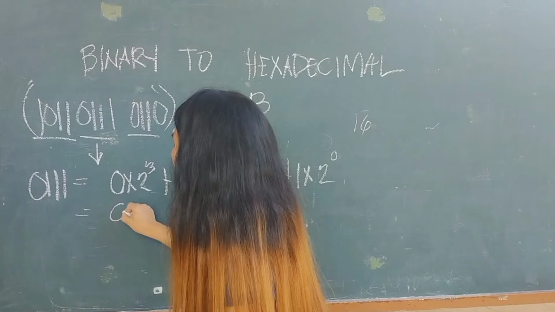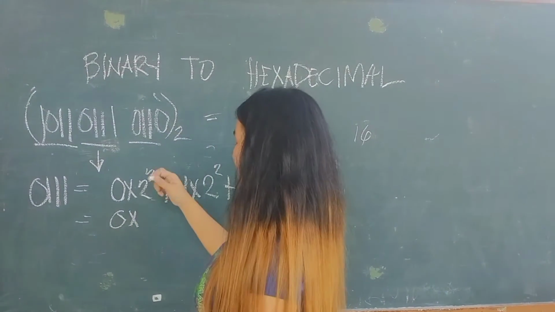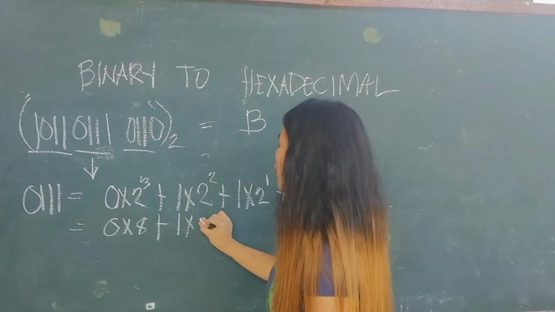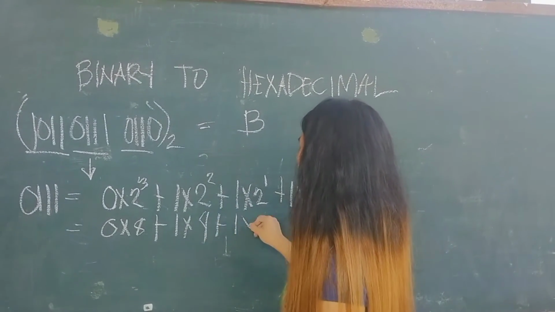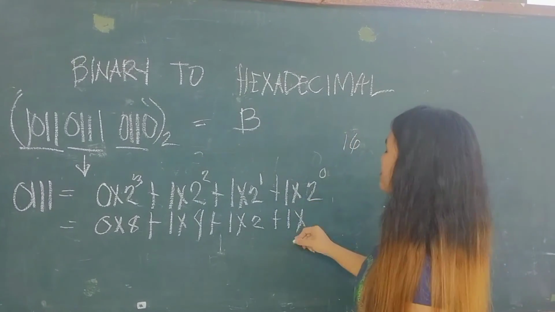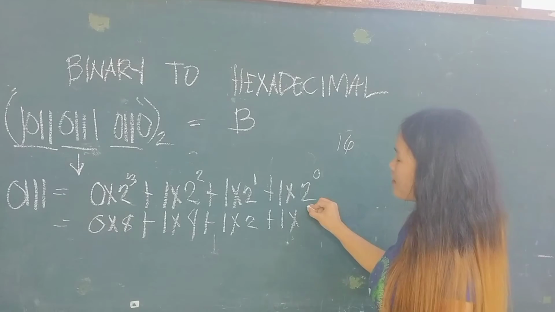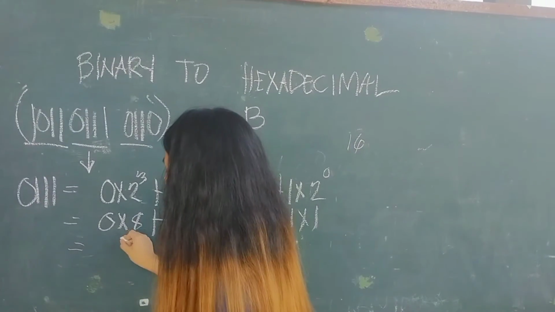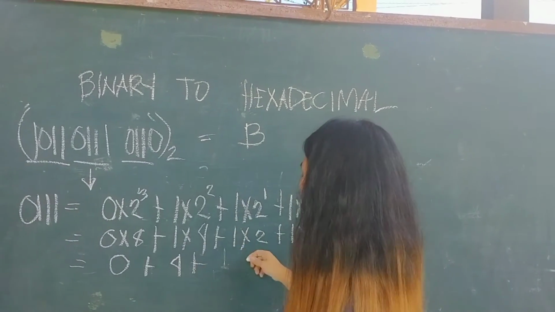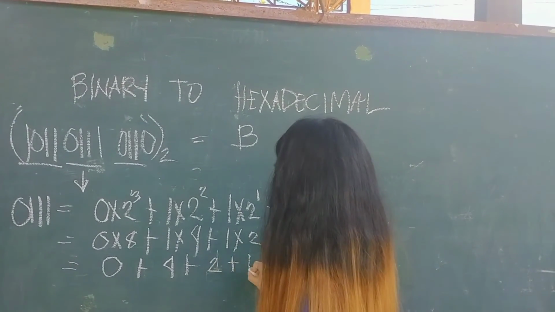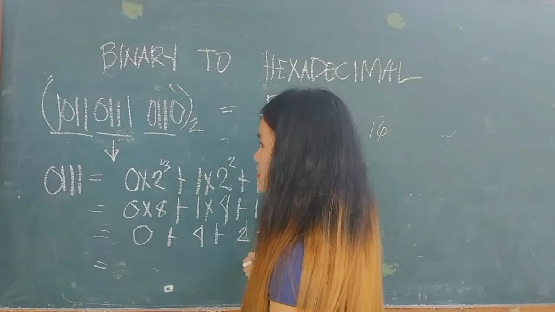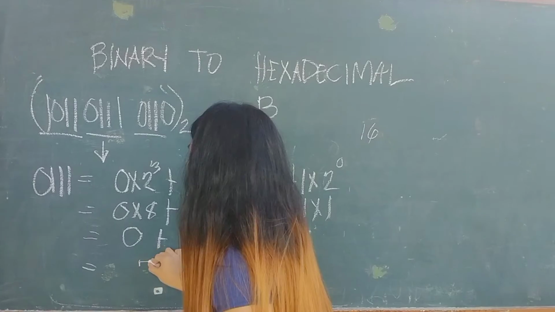It is 0 times 2 raised to the power of 3 which is 8, plus 1 times 2 raised to the power of 2 which is 4, plus 1 times 2 raised to the power of 1 which is 2, plus 1 times 2 raised to the power of 0 which is 1. 0 times 8 is 0, plus 1 times 4 is 4, plus 1 times 2 is 2, plus 1 times 1 is 1. So therefore the answer is 4 plus 2 is 6, plus 1 is 7.